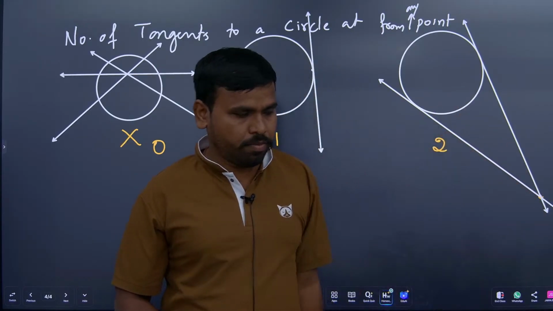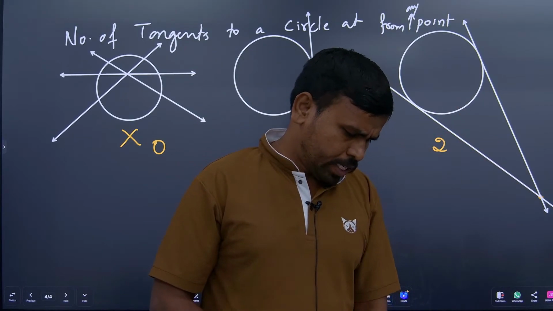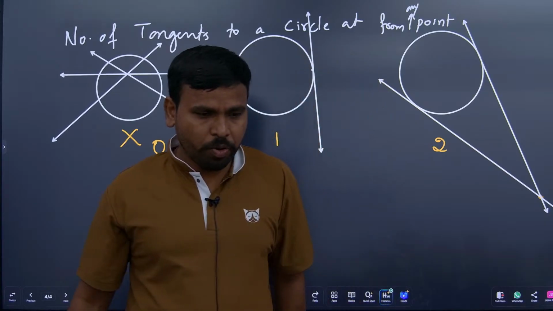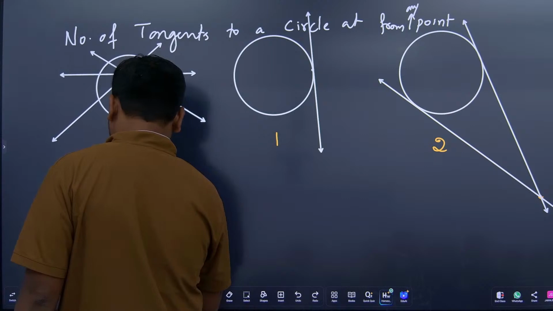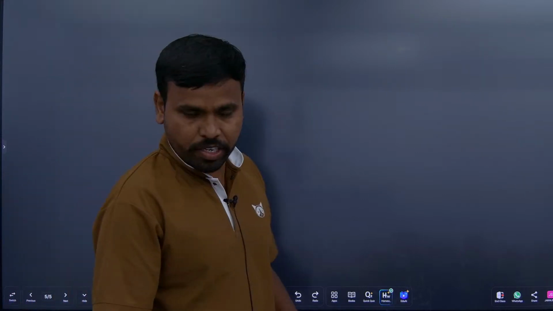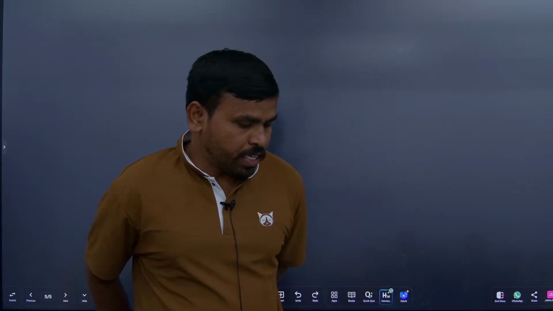Next, theorem 9.2. If you have a textbook, you can refer. Theorem 9.2: The lengths of tangents drawn from an external point to a circle are equal.